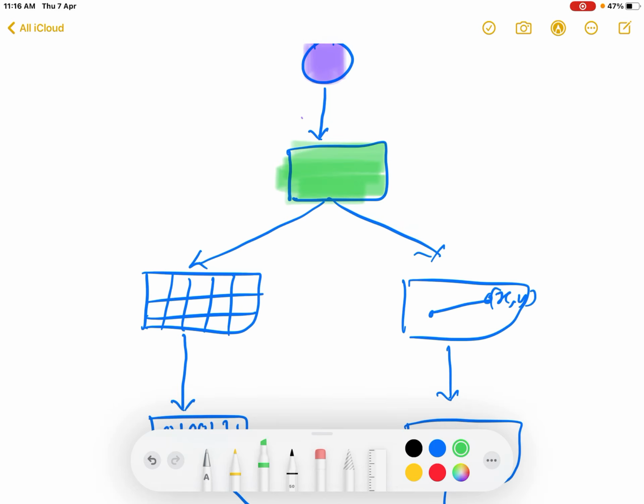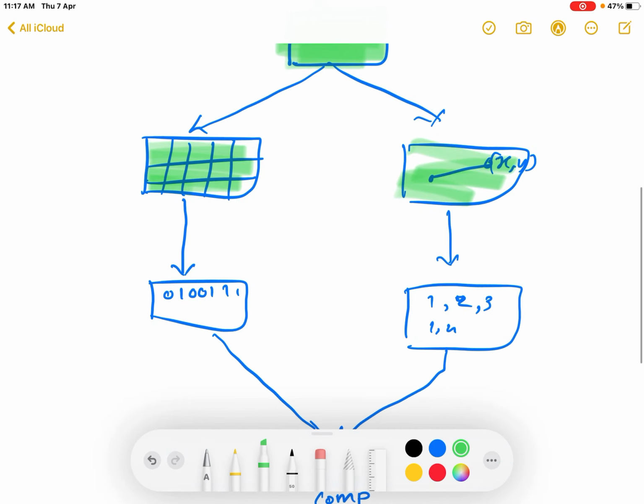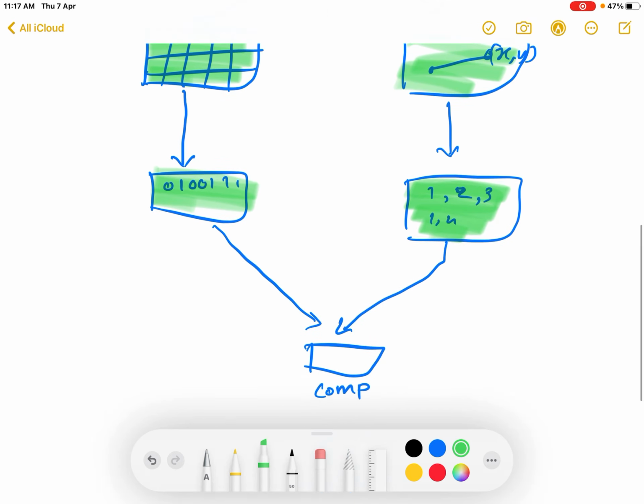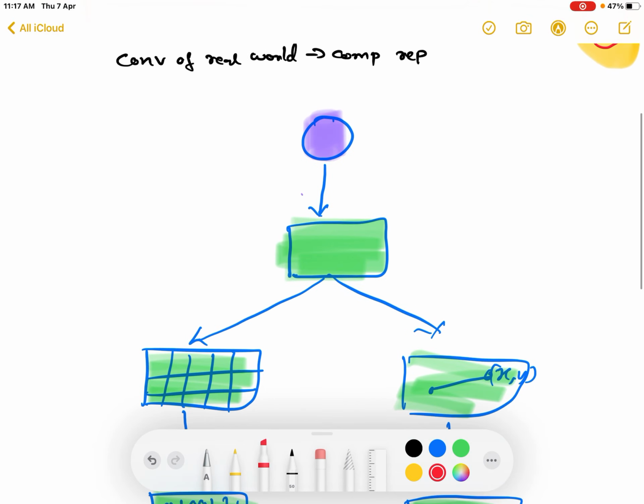This is how you represent real world features in a computer. First, you will have a real world entity, then you will convert that into a map form, that is called mapping. That was something we learned in the previous lecture. Then you convert it into a model, that is a raster model or vector model, and then into a data structure, that is a raster data structure or vector data structure.